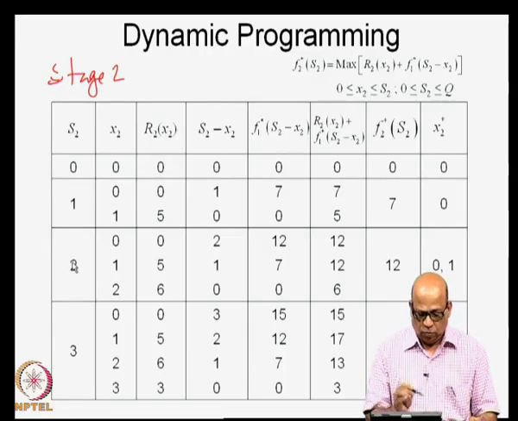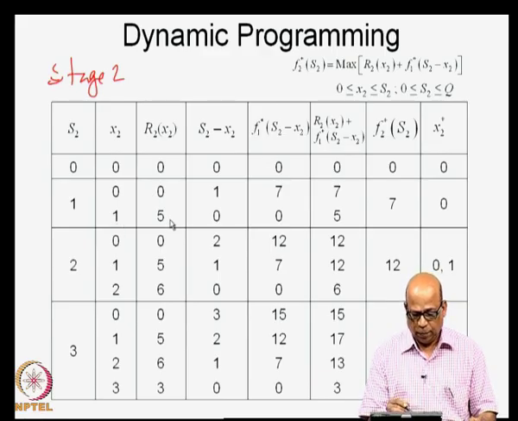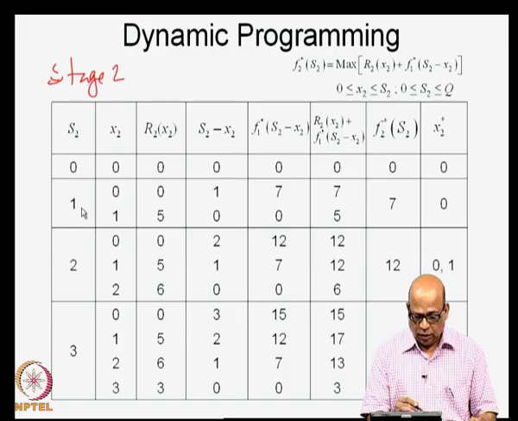We look at 1 and 2 and then continue. If 1 is available, that means S2 is equal to 1. You can either allocate 0 or allocate 1 at x2. If you allocate 0, you get a return of 0 from the allocation x2. If you allocate 1, you get a return of 5. If 1 is available and you allocated 0 to user number 2, how much are we left for user number 1? 1 minus 0, which is 1, that is S2 minus x2.